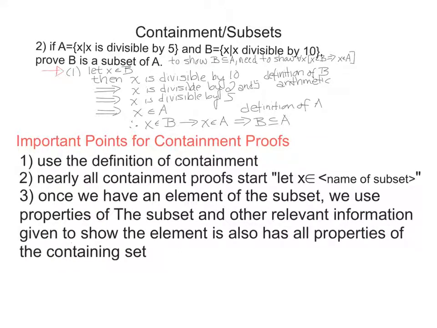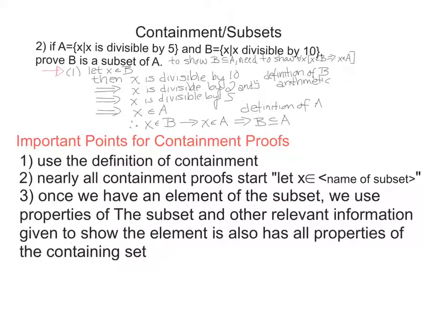The pattern then is once we have our element of the subset, we use properties of the subset and any other relevant information given or that we have to show that the element also has properties of the containing set.